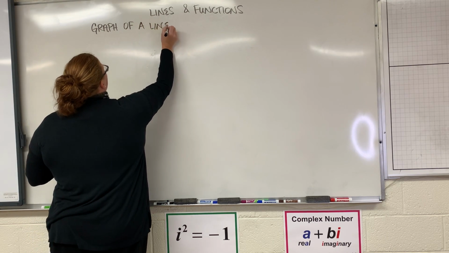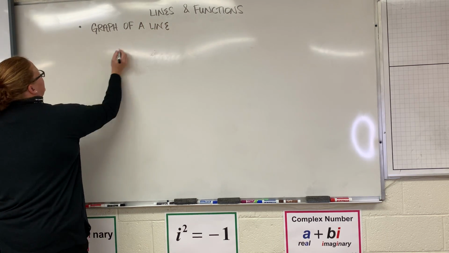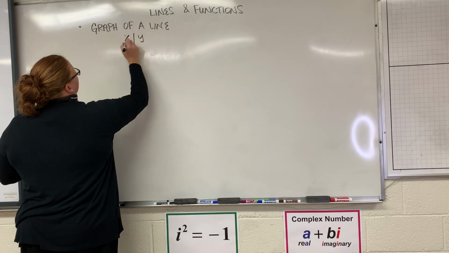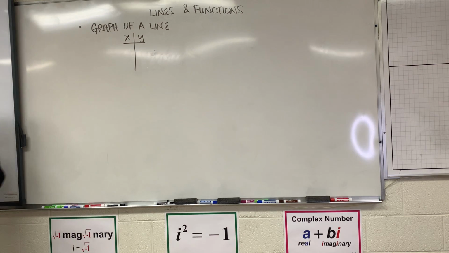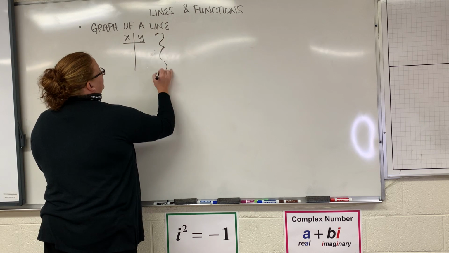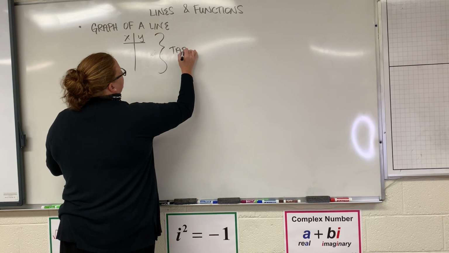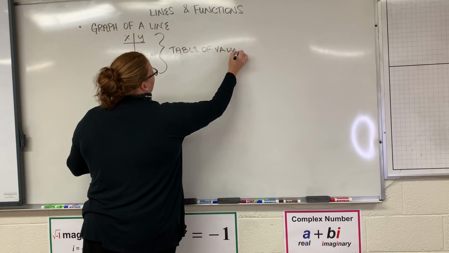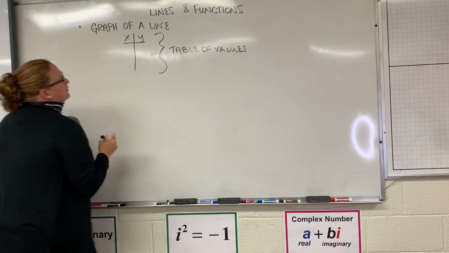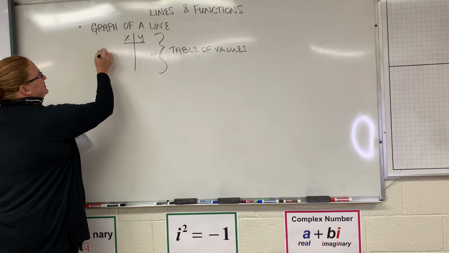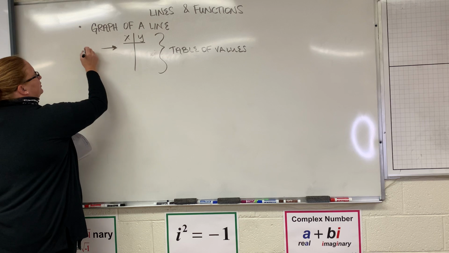All right, so graph of a line consists of x and y values. Okay, one way to write them is like that with a table, called your table of values. And when you have the equation of a line, each one of these is actually a solution point.